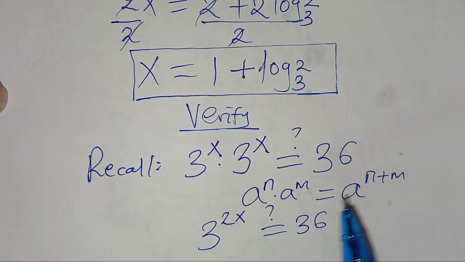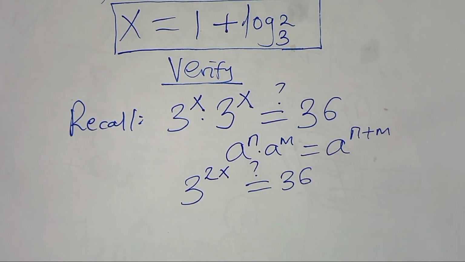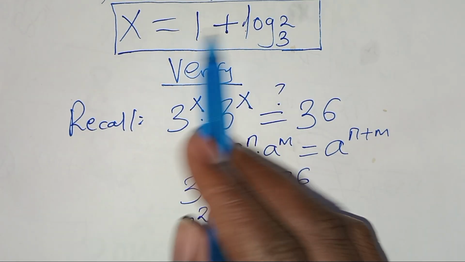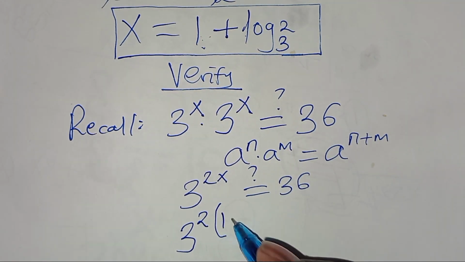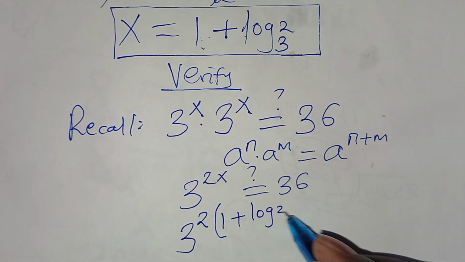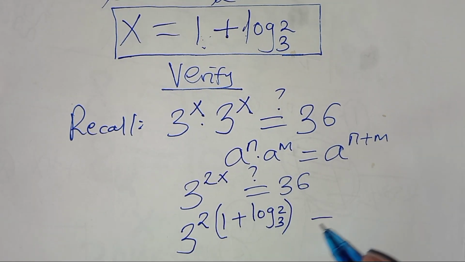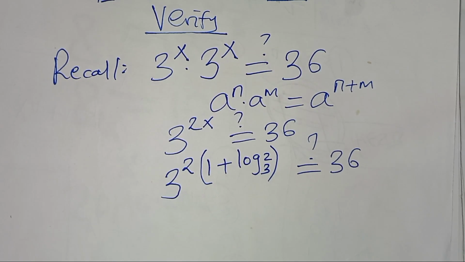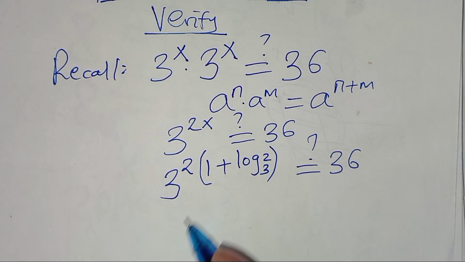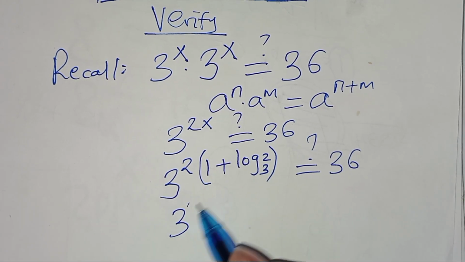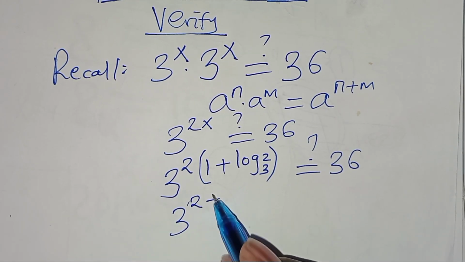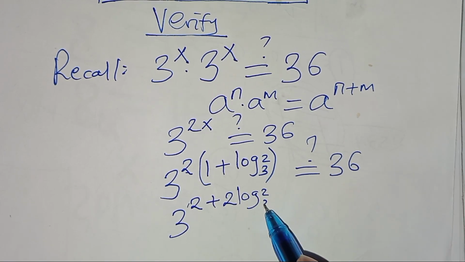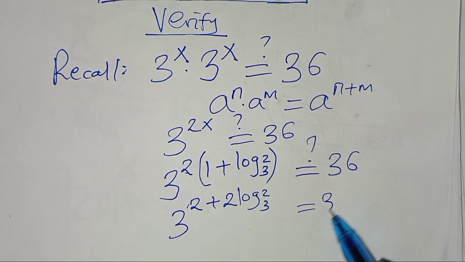Let's substitute the value of x, so that we'll have 3 to the power of 2 times the value of x, which is 1 plus log 2 to base 3. So this should give us a value of 36. Now let's open the bracket. We'll have 2 times 1, which is 2, plus 2 times 2 log 2 to base 3.